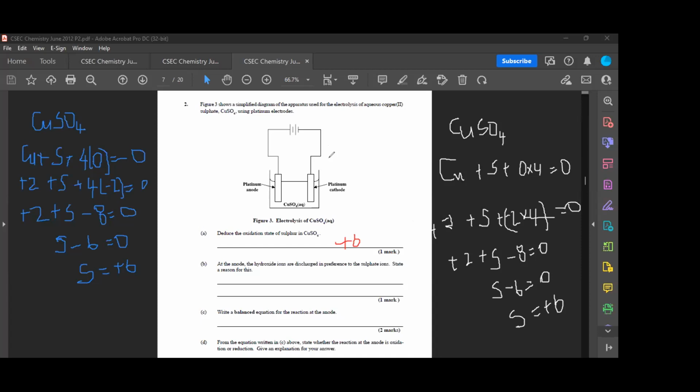Any other question? Yes, go ahead. I still don't understand how you got the 6. Still don't understand how to calculate the oxidation state. Is that what you said? How did you get the 6? Because I know you have the +2 plus the S minus 8, but then you have S minus 6. Oh, so this is your problem.